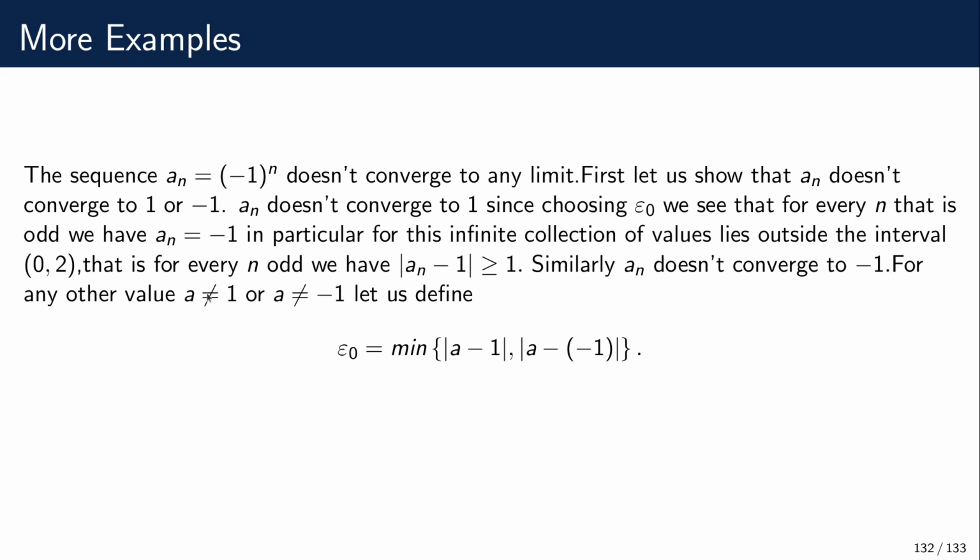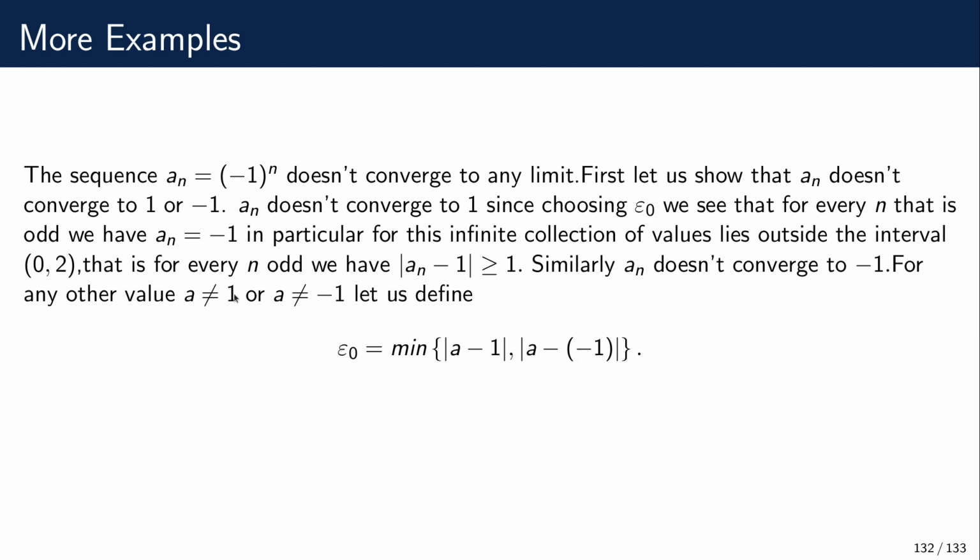So let us show that it cannot converge to any other value either. If a is not 1 or minus 1, let us denote epsilon 0 to be the minimum of |a minus 1| and |a minus (minus 1)|, which is |a plus 1|. This is the distance of a to 1, and this is the distance between a and minus 1.